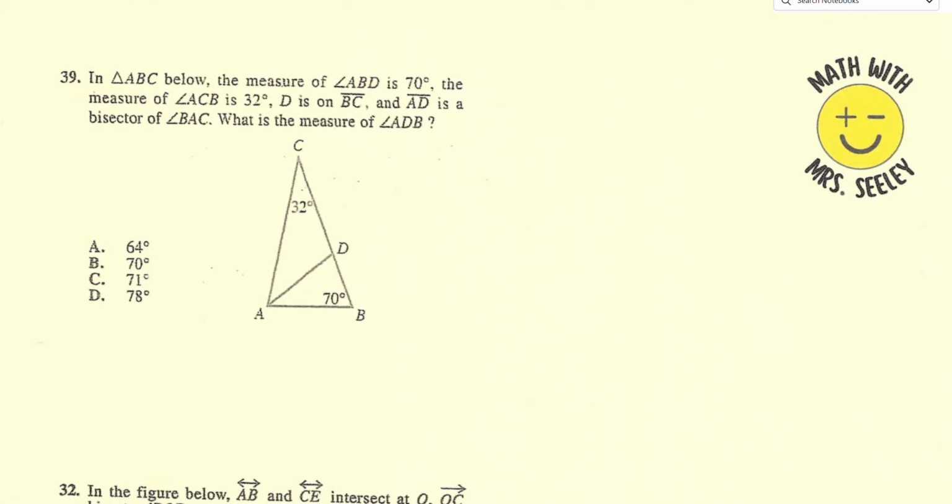This one right here. It says in triangle ABC, the measure of ABD is 70, so we can see it. The measure of ACB is 32. We see that. D is on BC. Clearly see that too. Now here's something, if I'm not careful with my reading, that I might miss.